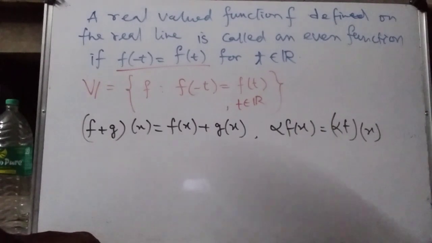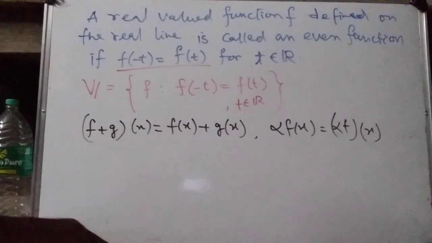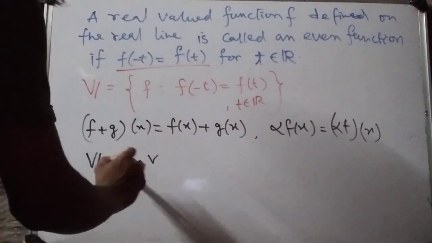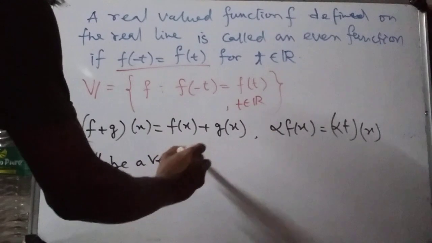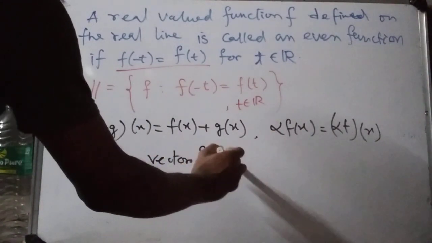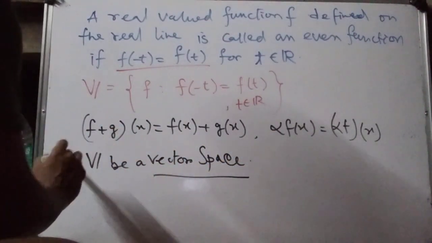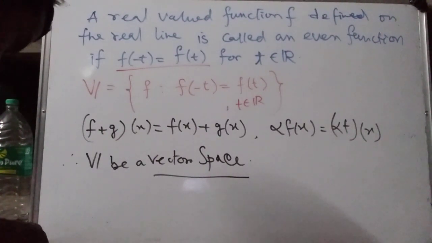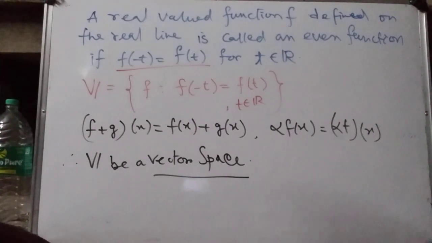In this way we discuss that this is a vector space. Now we are going to further discuss that. We also learn even and odd functions in this way, but today we'll stop here, no more discussion.